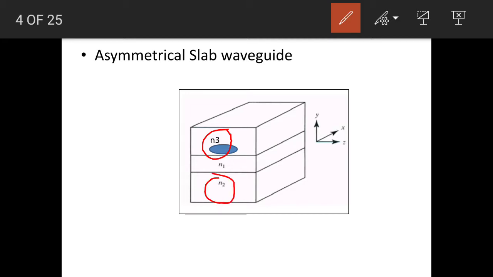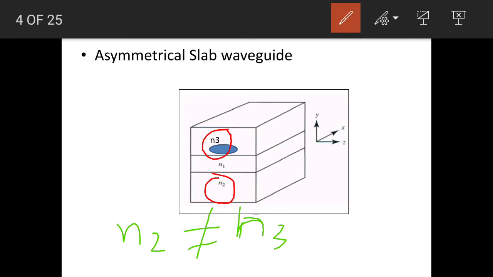So you see, in this particular case, the refractive index of the bottom layer is N2 and the refractive index of the top layer is N3. So if this is the case, then the waveguide will be known as asymmetrical waveguide.